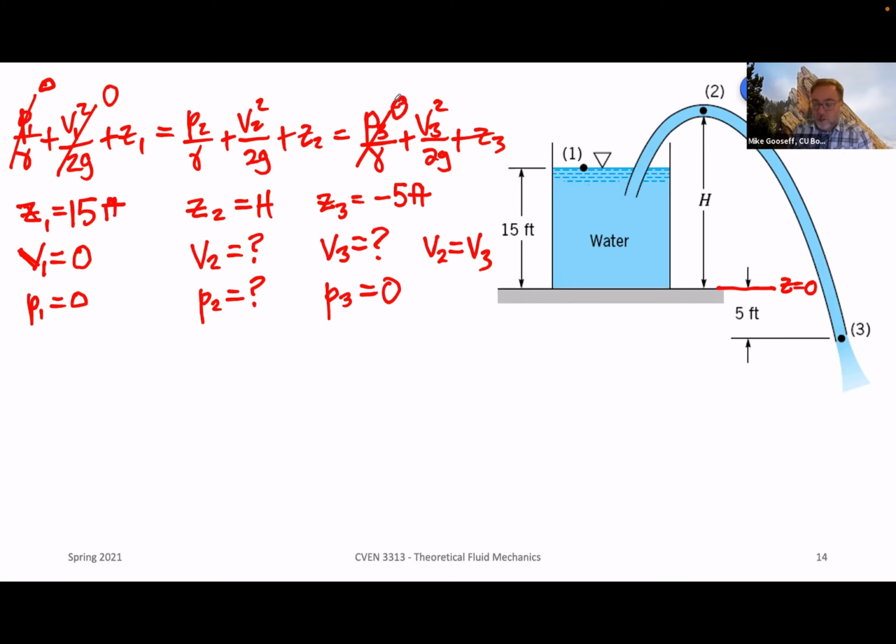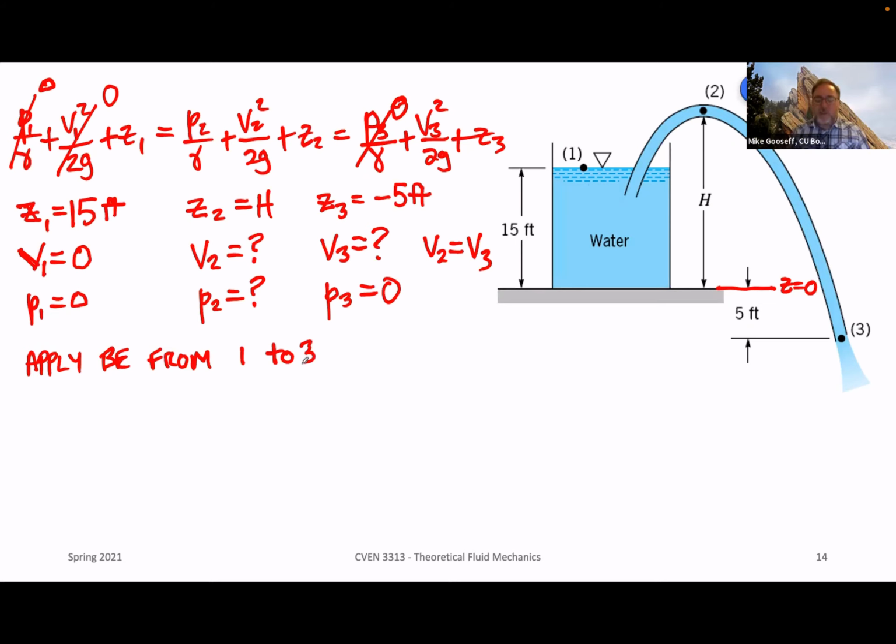And some of these we already know based on the system. So here's what I want to do. Piecewise, we're going to work our way through this in 2 steps. The first step is to apply the Bernoulli equation from point number 1 to point number 3. The reason is that I need to find V3 so that I can apply it to V2.